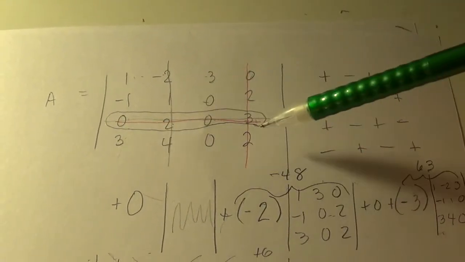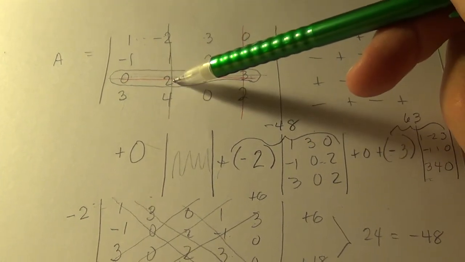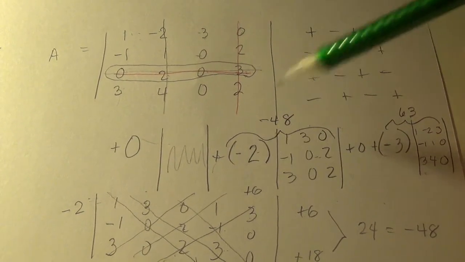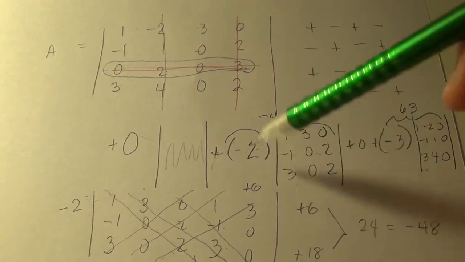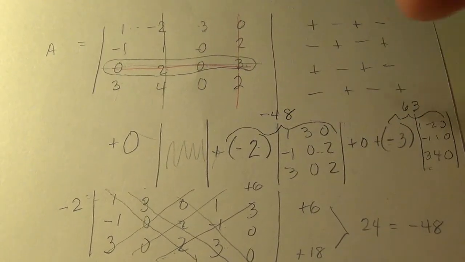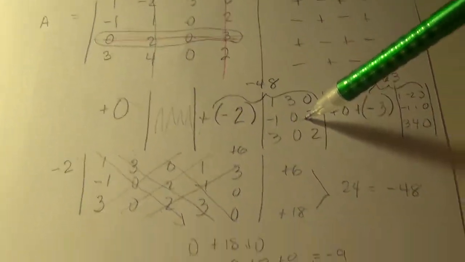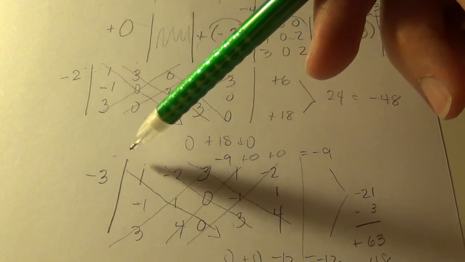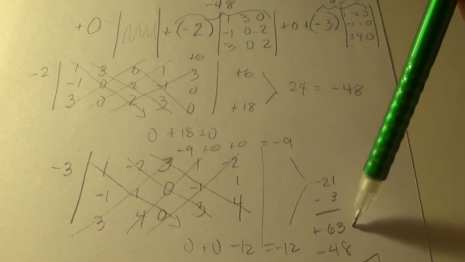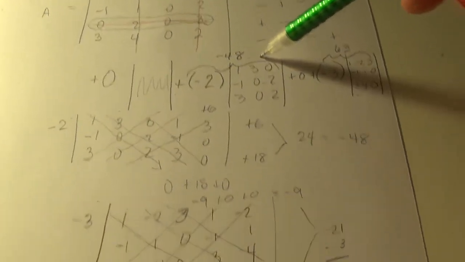So when I chose this row, I had to do zeros in 2 spots, but I had a 2 in the negative position, and then I had the minor matrices formed by eliminating the row and column that 2 was in, finding the determinant of that, multiplying it by the -3 gave me the 63. Similar work gave me a -48.